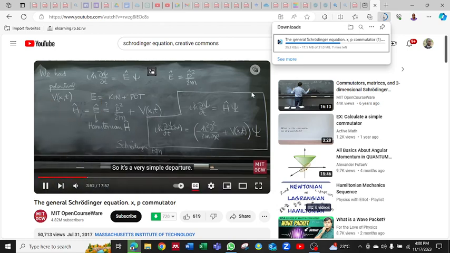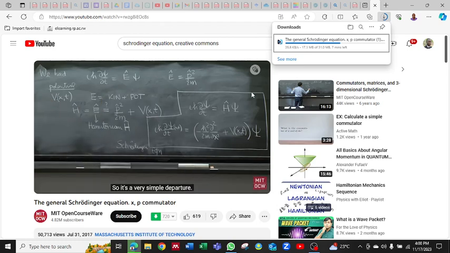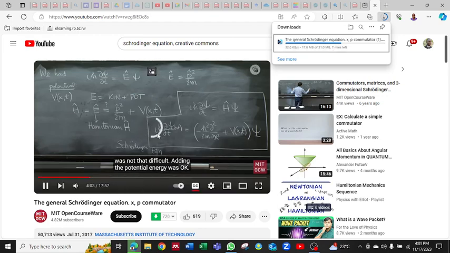So it's a very simple departure. You see, when you discover the Schrödinger equation for a free particle, adding the energy was not that difficult. Adding the potential energy was okay.